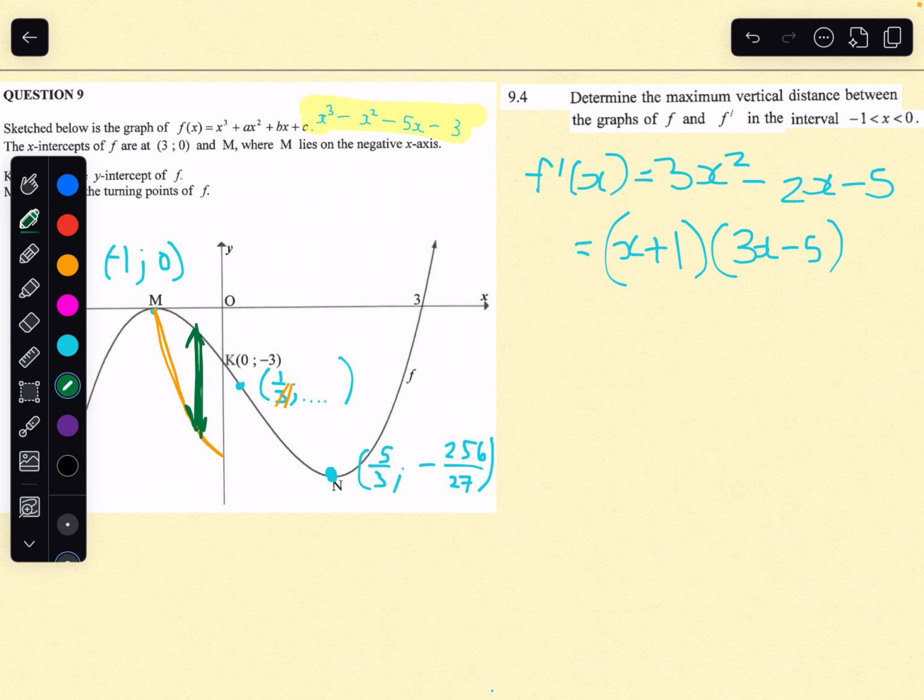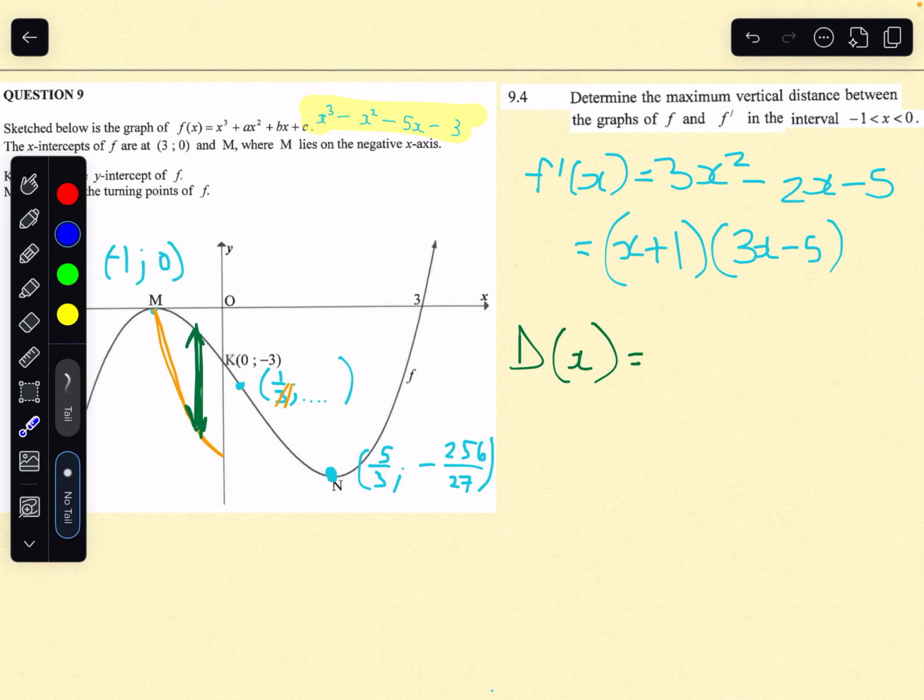Anyway, so fine, the distance between these two graphs, and we can see that the parabola is underneath. So I'm going to say this guy minus this guy. Otherwise, if I said this one minus this one, then it's going to be a negative number, so then we wouldn't be thinking about the biggest number.